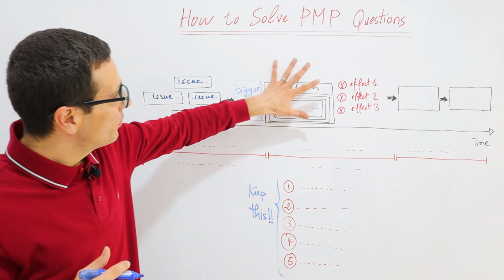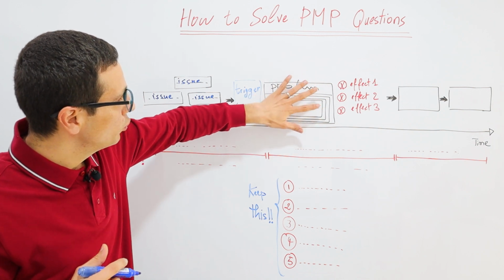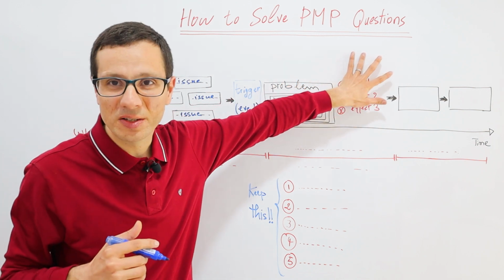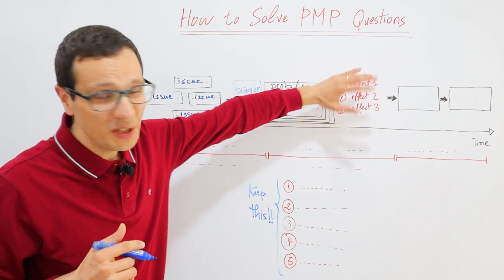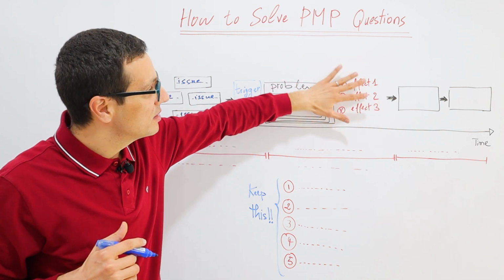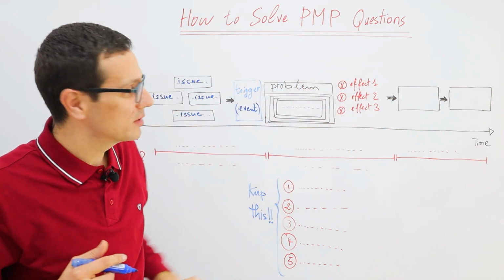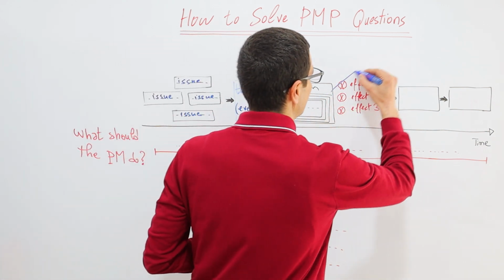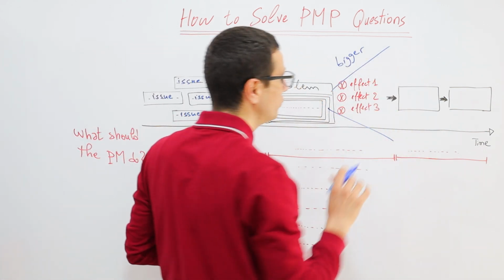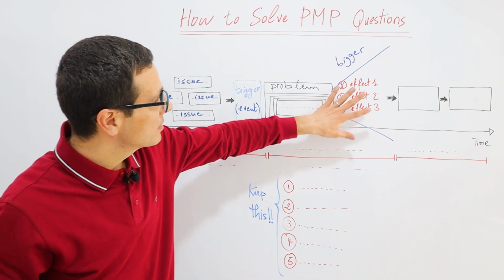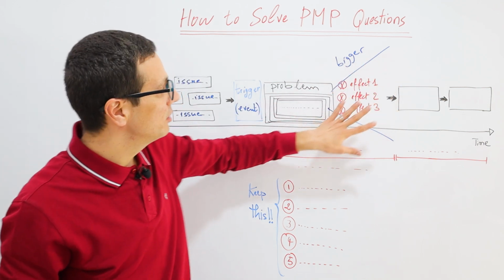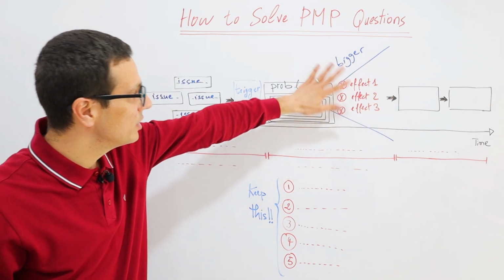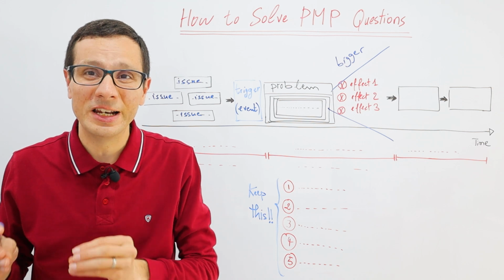And once the problem takes place, we could have many effects. And these effects could be just one effect, as they could be multiple effects. And if we don't intervene, these effects become bigger and bigger over time. Here, the effects are going to multiply if the project manager doesn't do anything until there will be a limit.